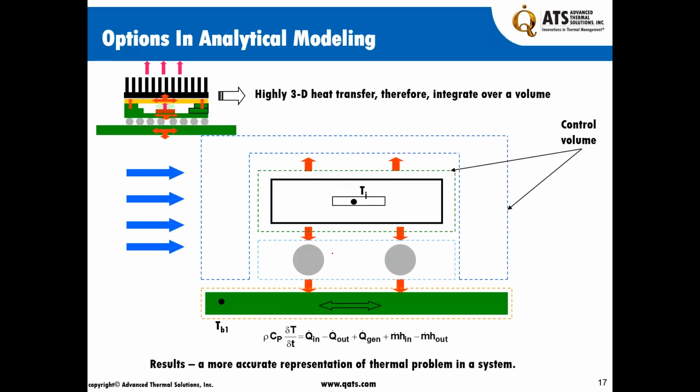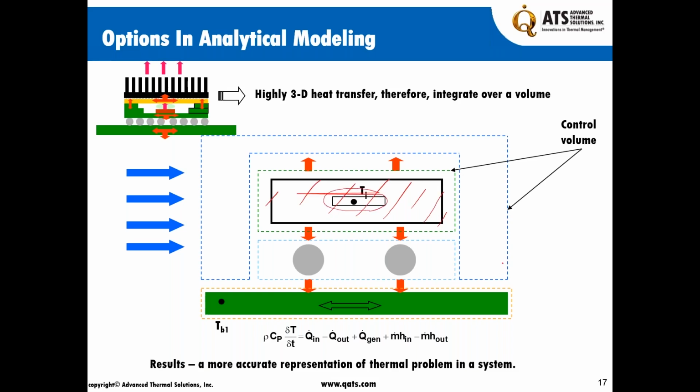The area that I sort of lean into and like very much is called integral modeling. When we use a series of control volumes at different locations, in this particular example, for instance, we put one control volume around the component. I can even miniaturize that further and go right around the device if I have to.